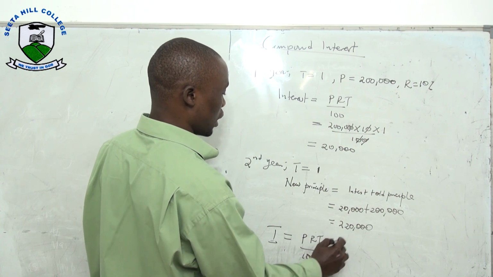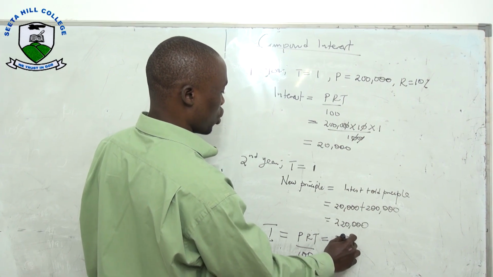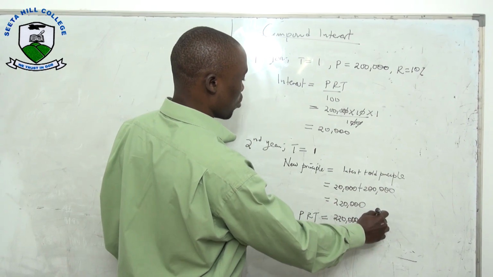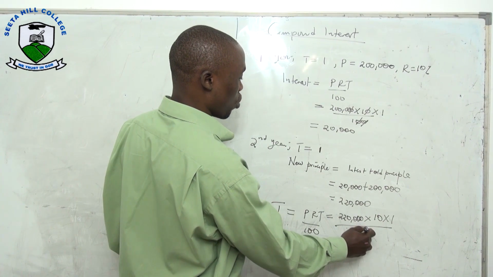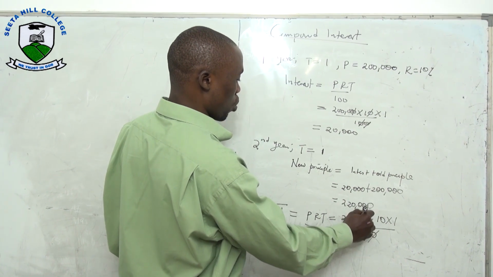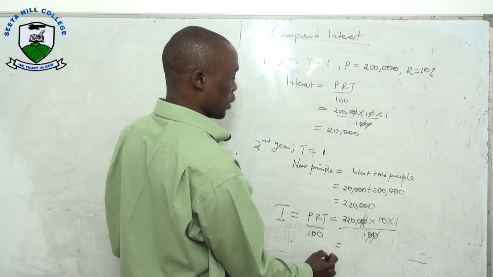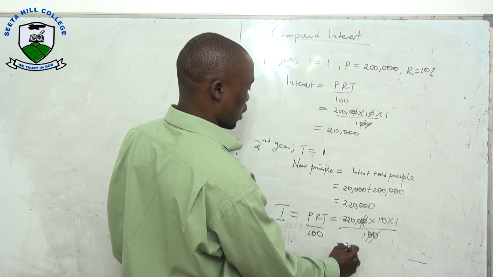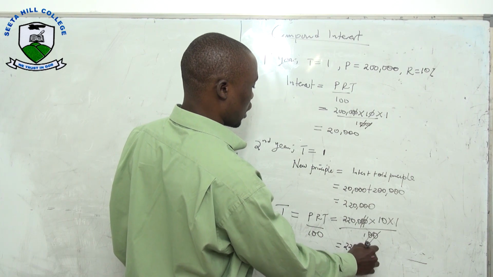The new principal times the rate, 10 times 1. Each year is handled on its own. What do you get? That gives us 22,000 shillings.